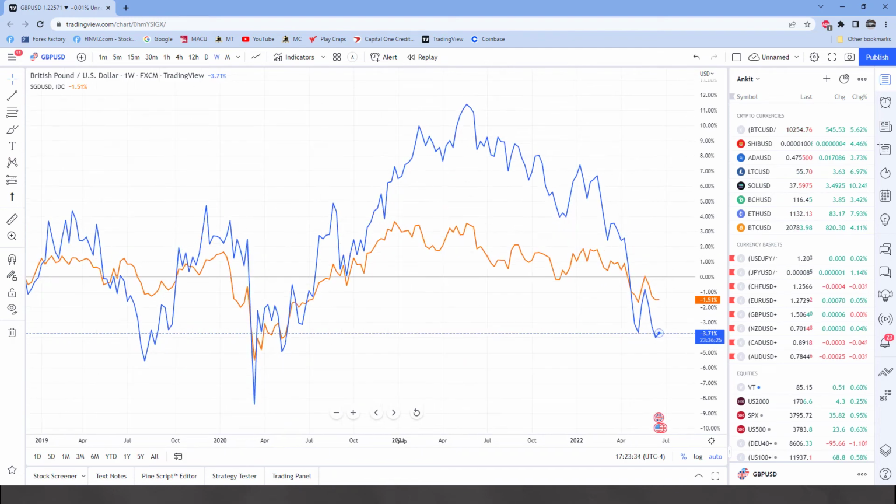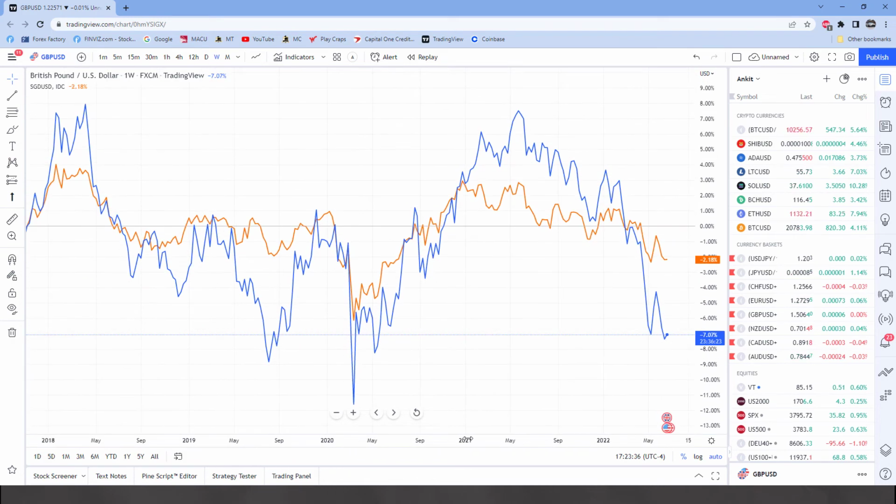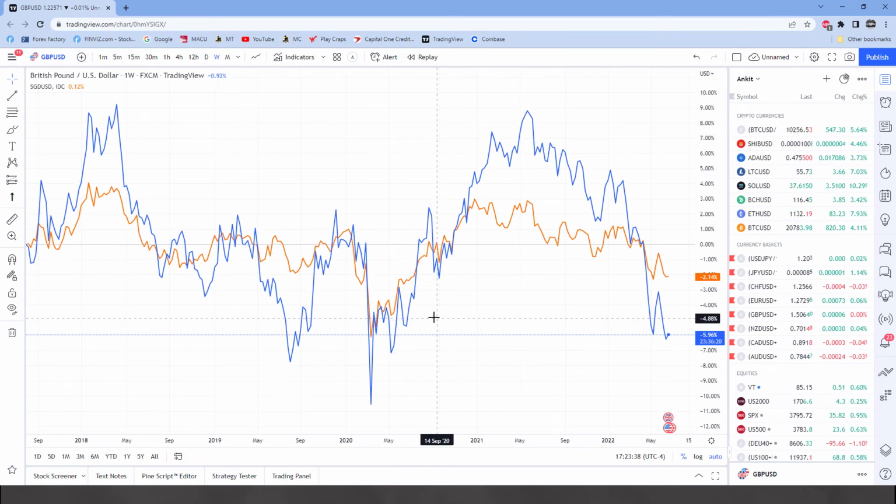Now you can see that there were some periods of time where it was highly correlated, sometimes not as highly correlated. But there were periods, especially this one in here, they were like 95% correlated. You can see every so often, one of them will get away from the other. Now, looking at this, you can tell one thing. The British pound is more volatile than the Singapore dollar.